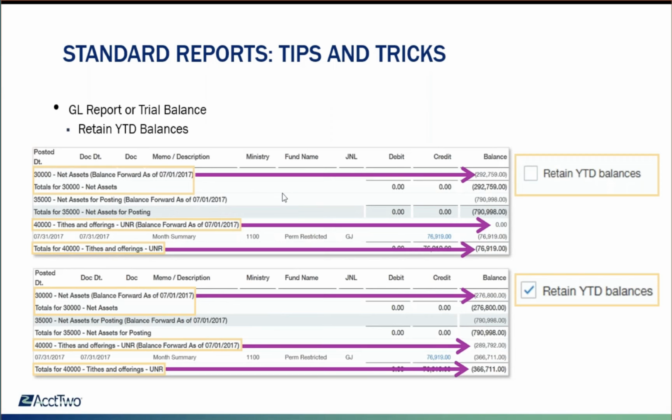Well, we do have that option on the trial balance and the general ledger report, and it is called retained year-to-date balances. And I will show you that as we dive into our demo.